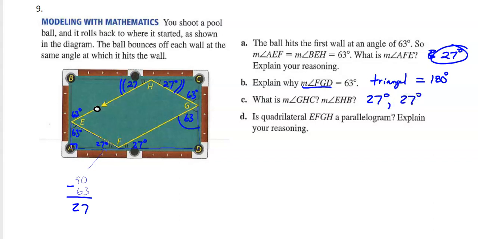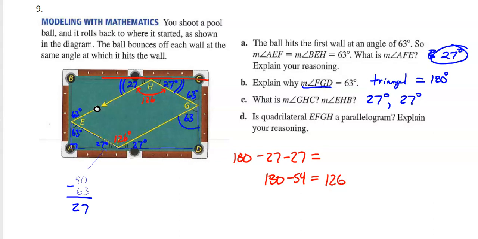Is it a parallelogram? Explain your reasoning. Well, let's see what we got. If we look at angles here, angle H I think we could find. These three make 180 degrees. So I have 180, take away the 27, take away the other 27, which is 180 take away 54, which is 126, which is going to make this angle 126.